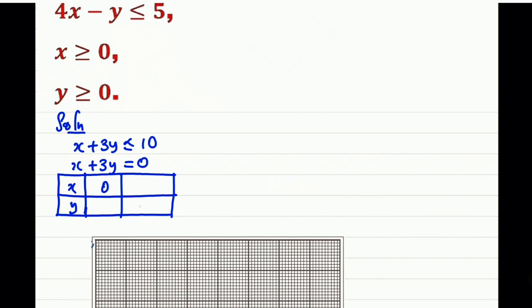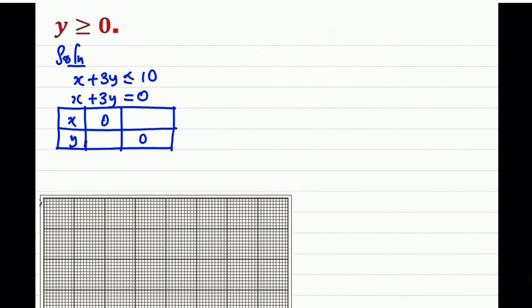When x equals 0, y is 10 over 3. When y equals 0, x equals 10. Good. So let's move to the second constraint.